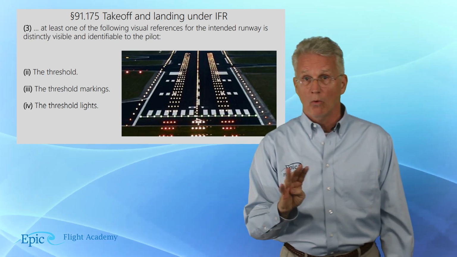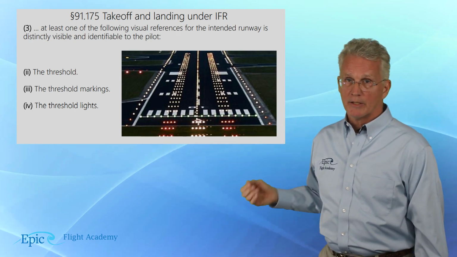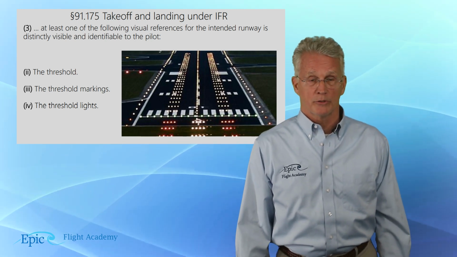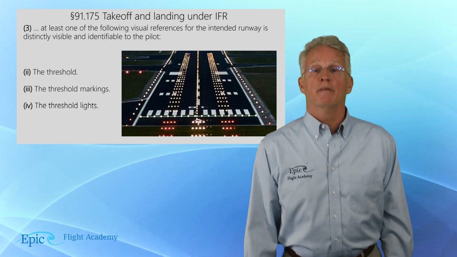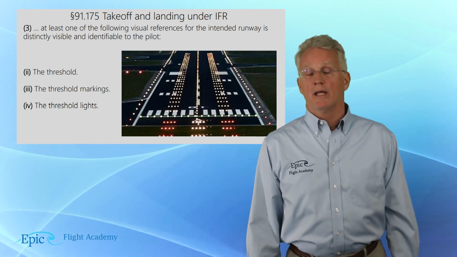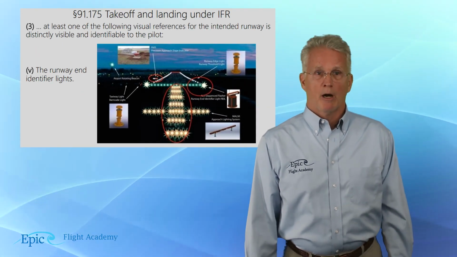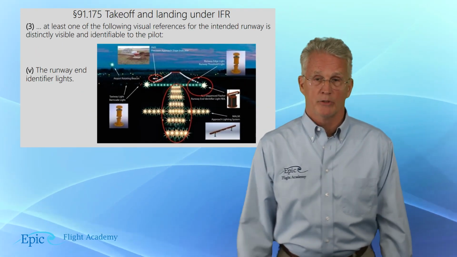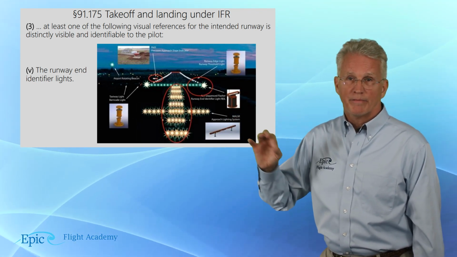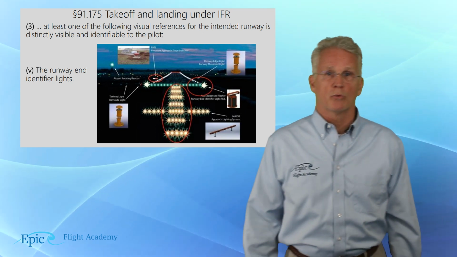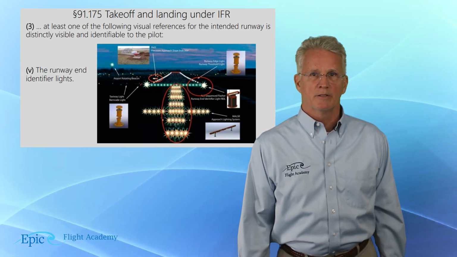Or number four, the threshold lights, and those are the green lights here along the threshold. Number five, if you see the runway end identifier lights, or for short, we call those the REILs, the R-E-I-Ls. Now you can see in this graphic, in the left and right side of those green threshold lights, you can see those bright runway end identifier lights.